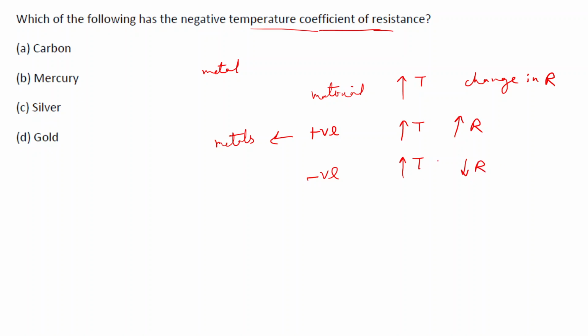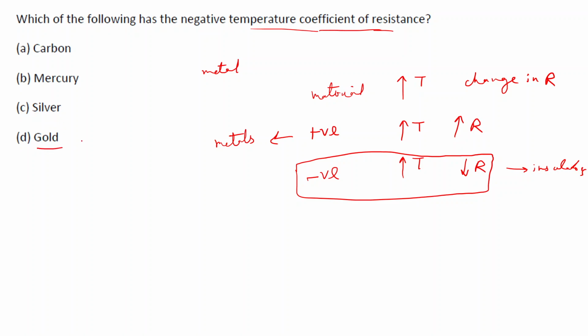We know this happens usually for insulators. But anyway, this is what we mean by negative temperature coefficient of resistance, that with the increase in temperature, the resistance of the material is decreasing. So which out of these materials has negative temperature coefficient of resistance?